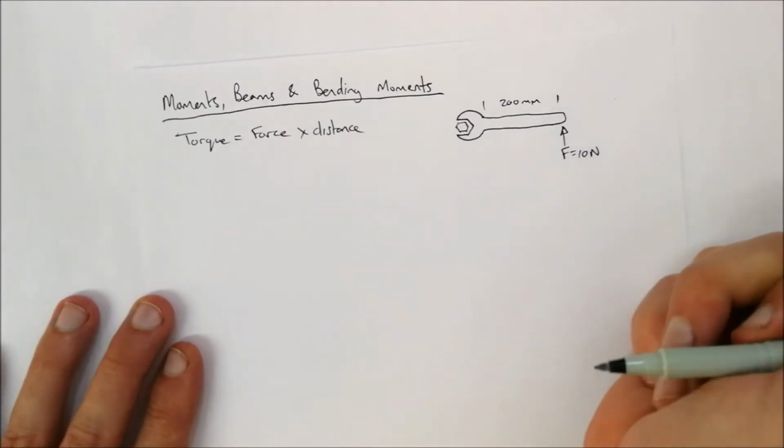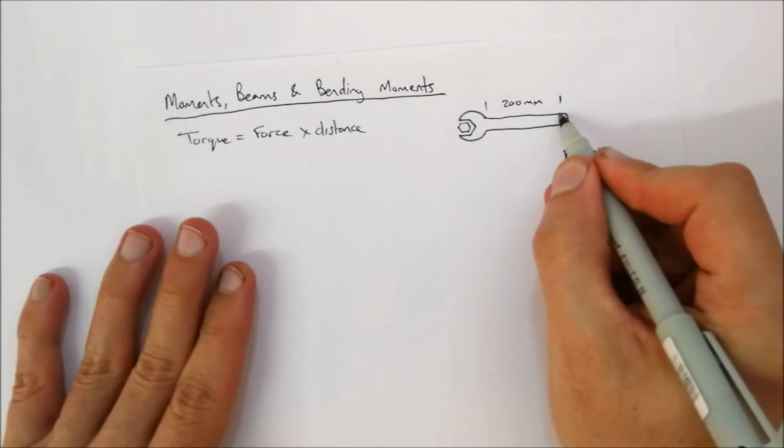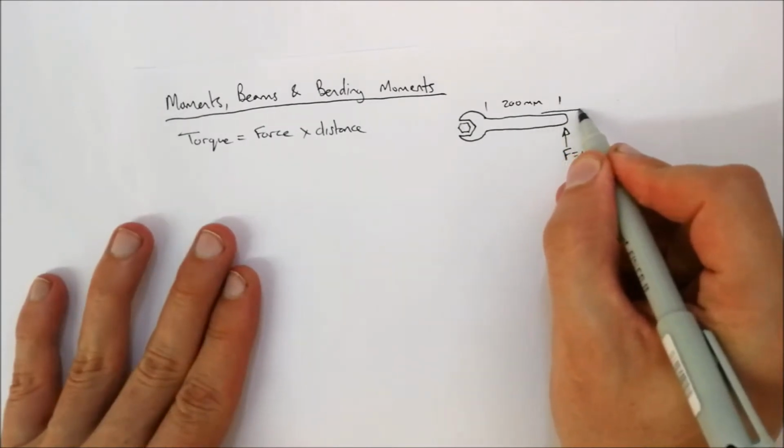But if 10 newtons is the only amount of force you're able to have, maybe you're not a very strong person, and that's the amount of force you're able to apply to untie a nut, and you want to increase the torque, then what you can do is put a pipe over this handle.